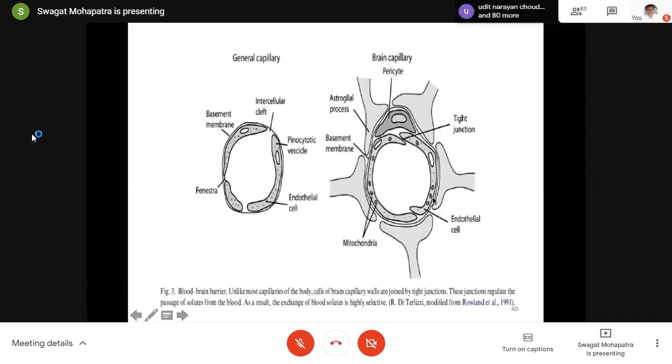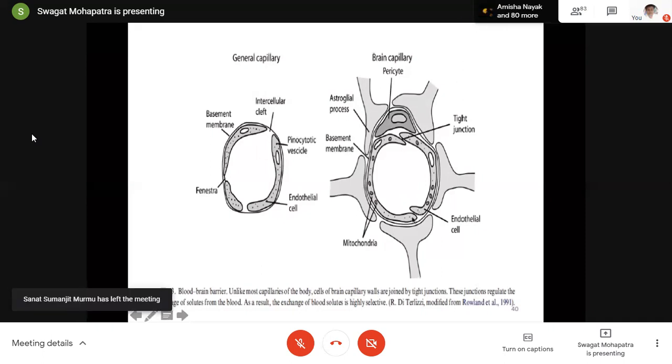That is why if you are asked which cell is responsible for formation of the blood-brain barrier, your answer will be astrocytes, or the perivascular end feet or end processes of the astrocytes. You can see that the general capillaries of the body do not have such barrier functions, but in the capillaries of the brain, the arrangement of the endothelial cells is different.